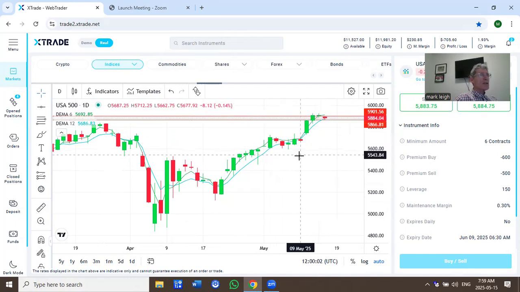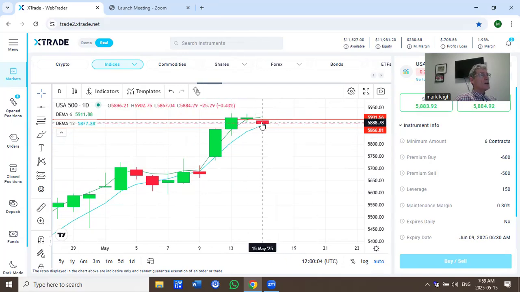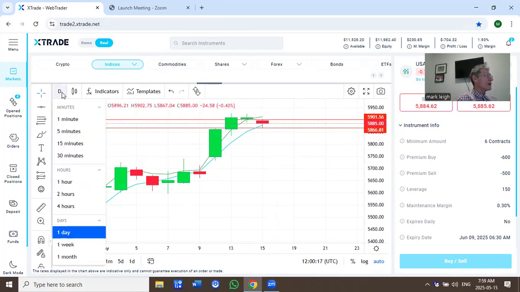Yesterday crept slightly higher, you can see that. Today, gap down to start, and now sitting in a tight range between 5,866 on the downside, 5,901 on the upside, waiting for Wall Street to get started.